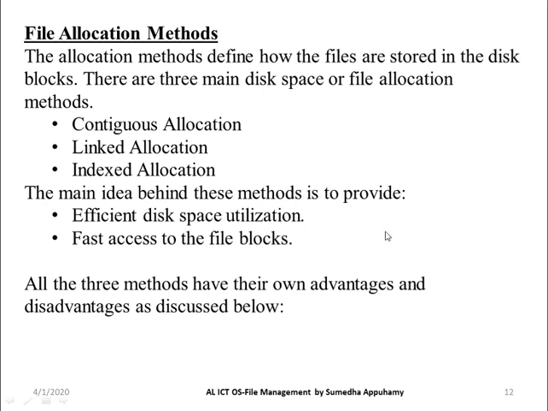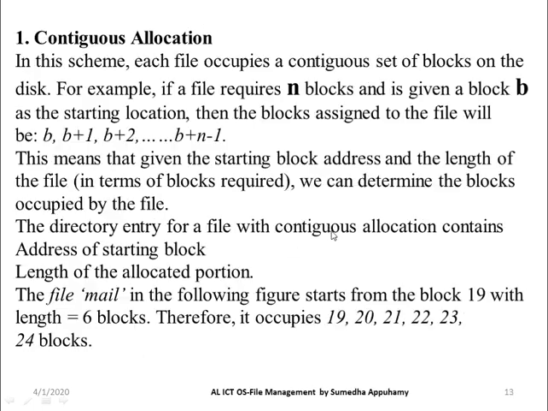So the operating system can use any one of these methods: contiguous allocation, linked allocation or index allocation. All three methods have their own advantages and disadvantages, as discussed below. Here we are going to discuss contiguous allocation, which I'll also call continuous allocation.